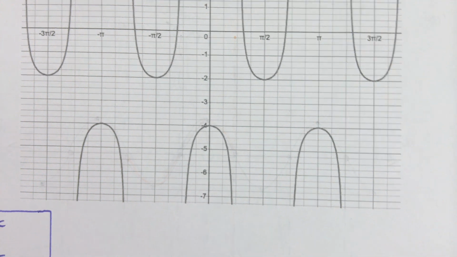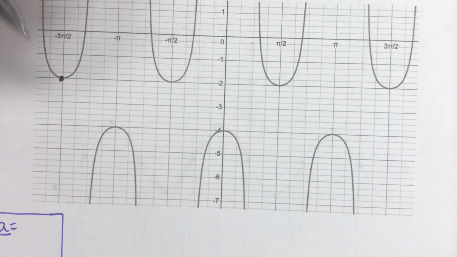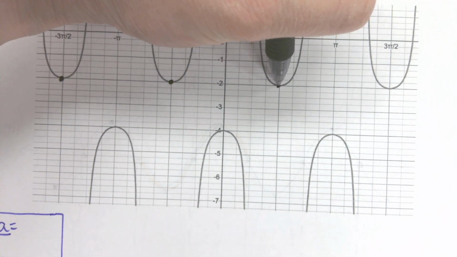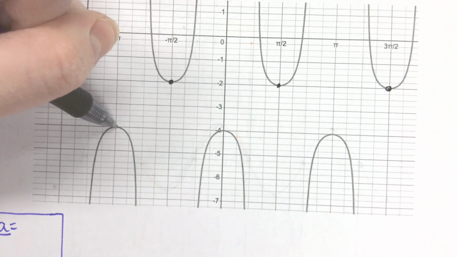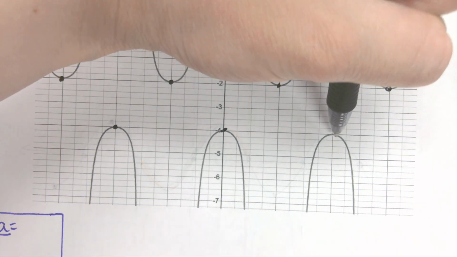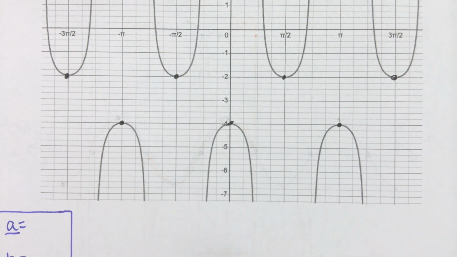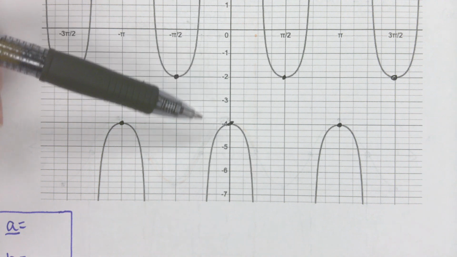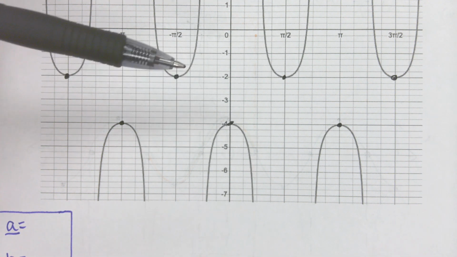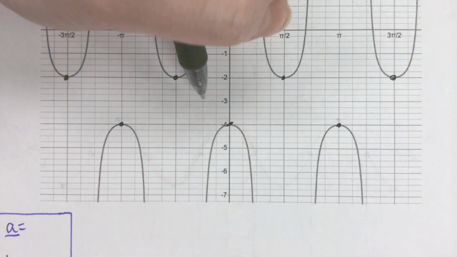Let's mark up the graph to find these items. First, I'll identify my maxes and mins. Our max is -2, our min is -4. Halfway, clearly between that, is -3.